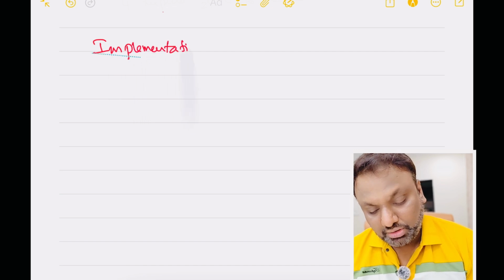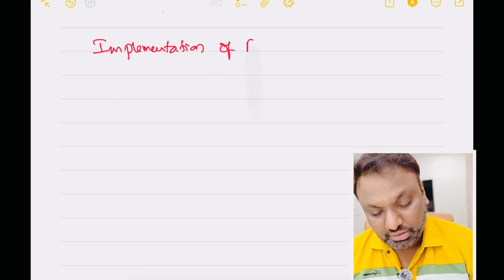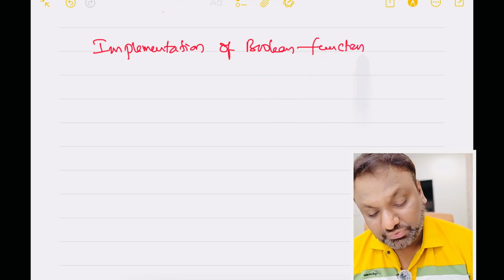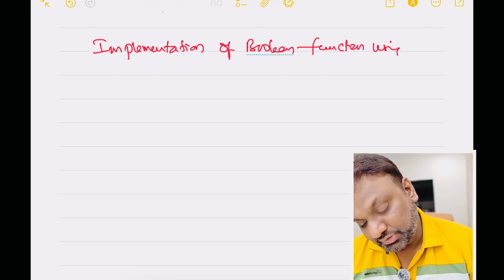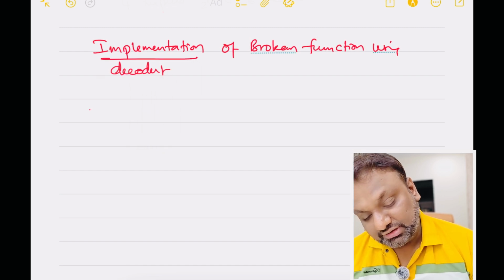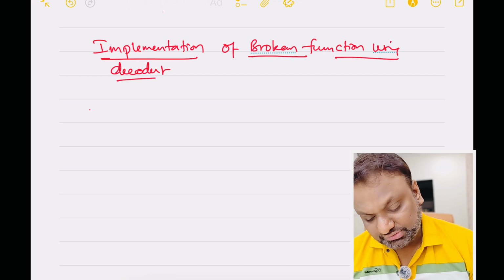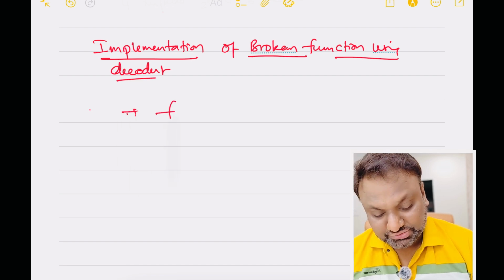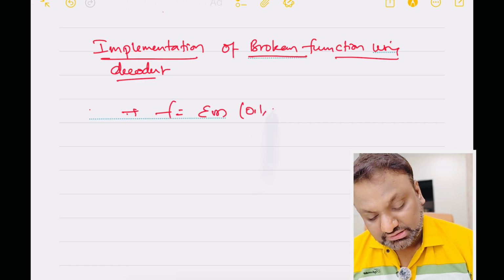Implementation of Boolean function using decoder. Okay, now you see here, suppose f is equal to sigma m of 0 1 3.